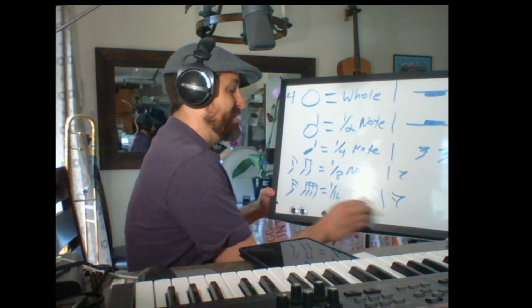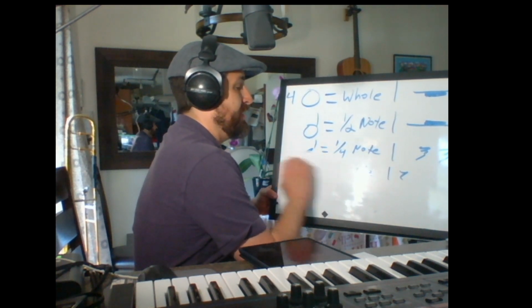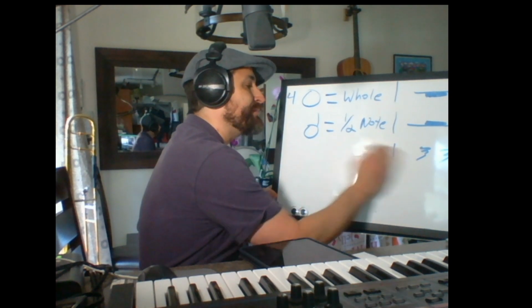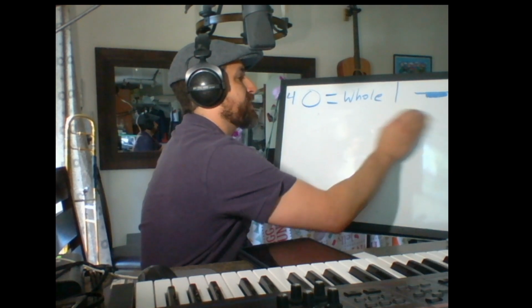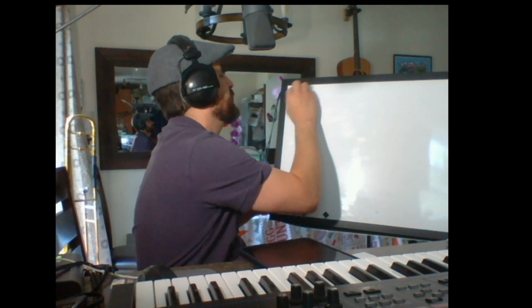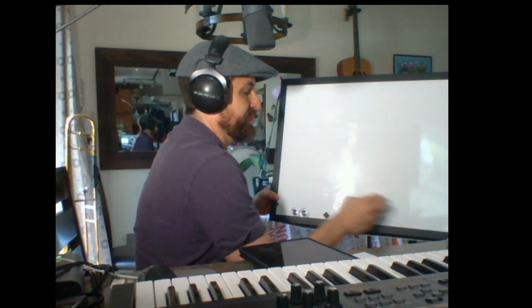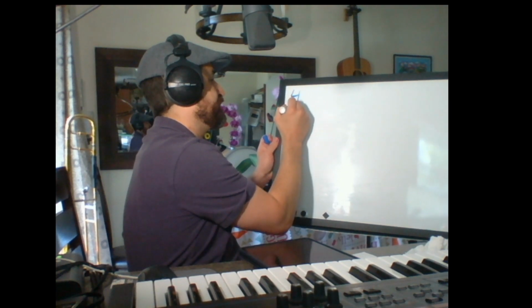So, again, this is how we count notes in 4/4 time, or 2/4 time, or 3/4 time, or 6/4, or 5/4, or 7/4, or whatever 4 time we use. The reason for that is because the bottom number is a 4.